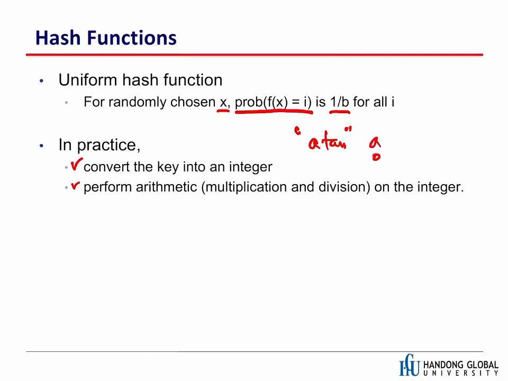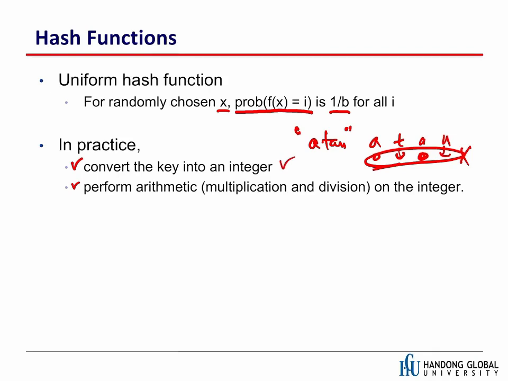Each character, such as a, t, and n, corresponds to a number based on the ASCII code, and then we just sum them. That's a really simple way to make an integer from a string. We don't take this approach, but you get the idea. We'll talk about it later. Anyway, let's assume that now our key is converted to an integer.